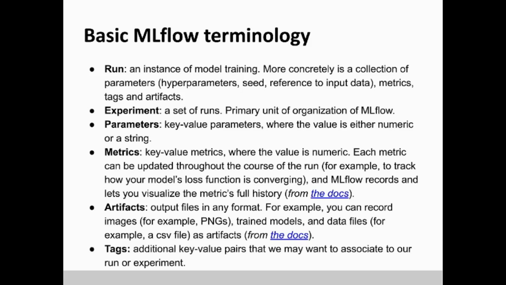The parameters usually represent, for example, hyperparameters of our model, or seeds for random number generation that are used to initialize the weights of our network, or partition the dataset into training, validation, and testing, and also references to input data.